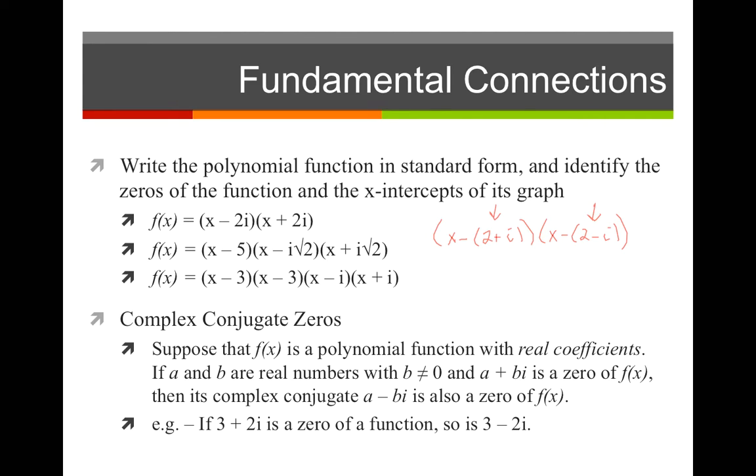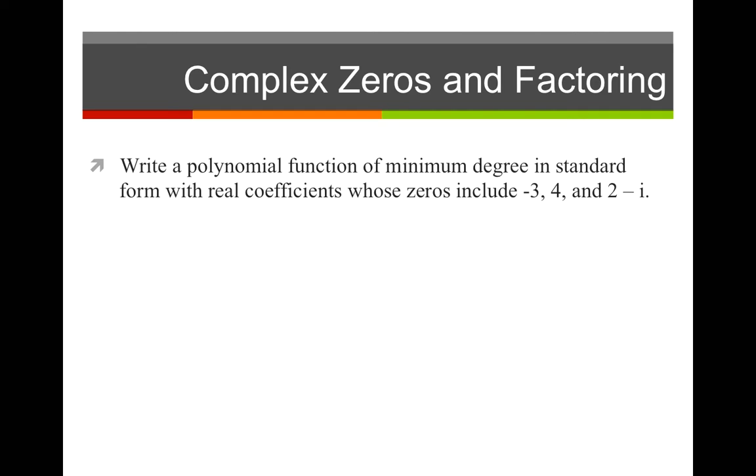The reason that comes up is this. If you wanted to write a polynomial with a minimum degree in standard form, we could write, using these factors, we could write the factors and then multiply to find the polynomial.